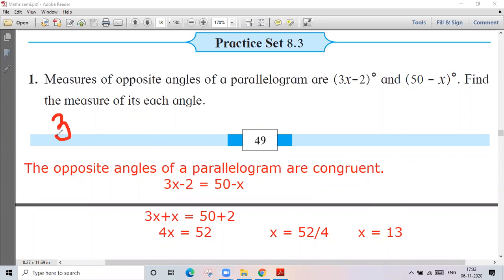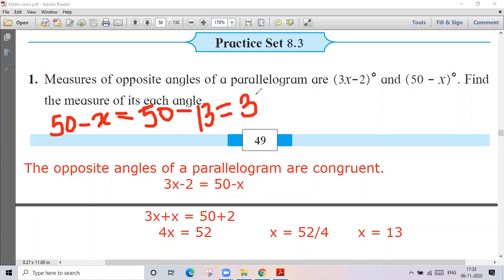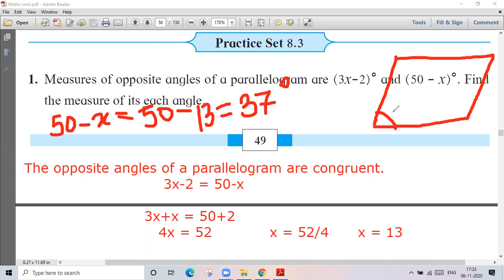Therefore 50 minus x is equal to what? 50 minus x, that is 50 minus 13, is equal to 37. So 37 is the measure of one angle. That means suppose we consider this angle is 37 and this angle is also 37. Opposite angle.